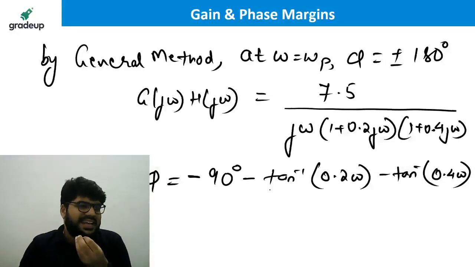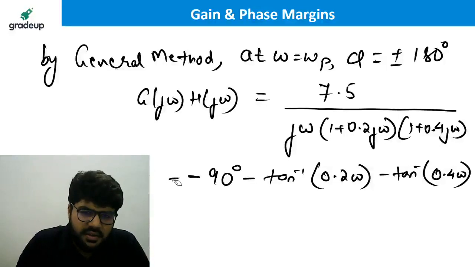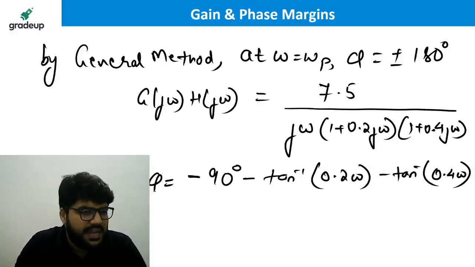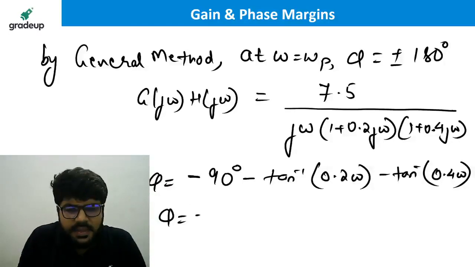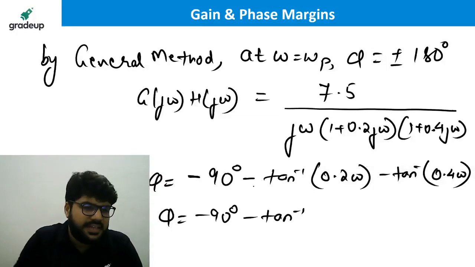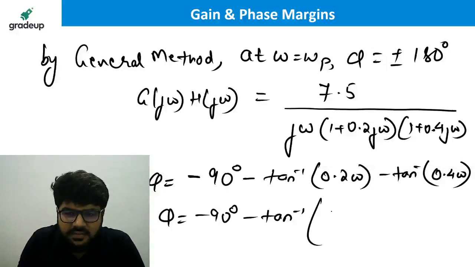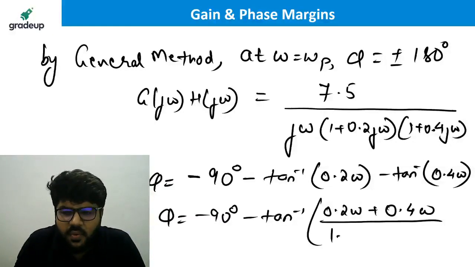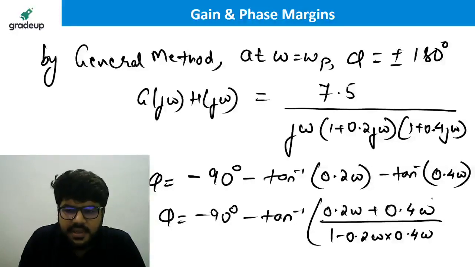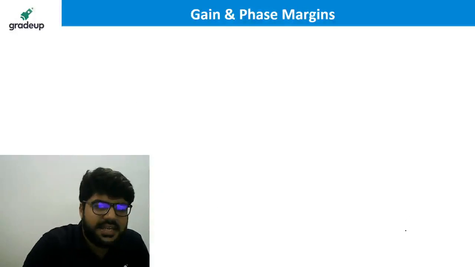Once again, like critical frequency, here also, to get ωp, you will have to simplify the tan inverse first. So this phase will be equal to minus 90 degrees minus tan inverse. Taking minus common, we get tan inverse A plus tan inverse B, so tan inverse of (A plus B) divided by (1 minus AB).